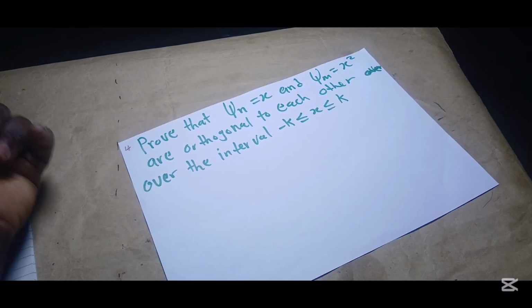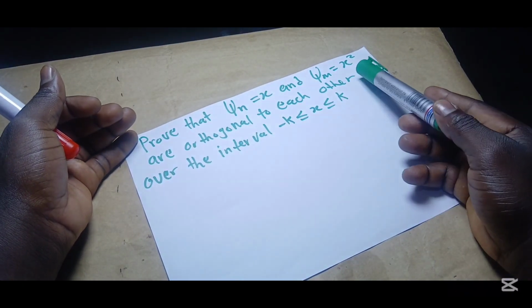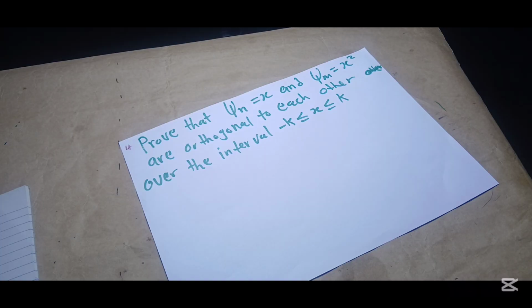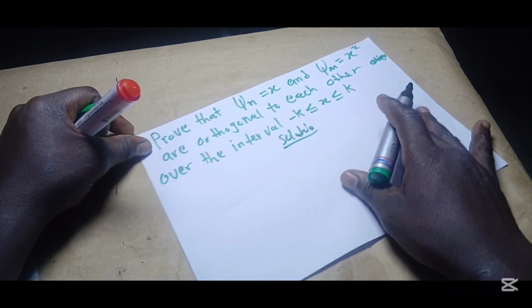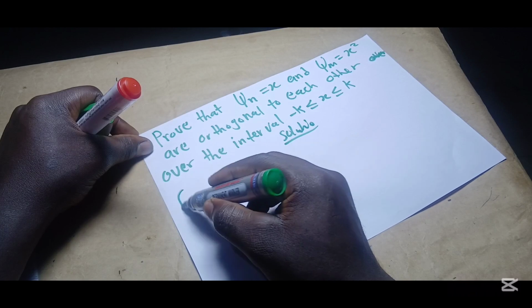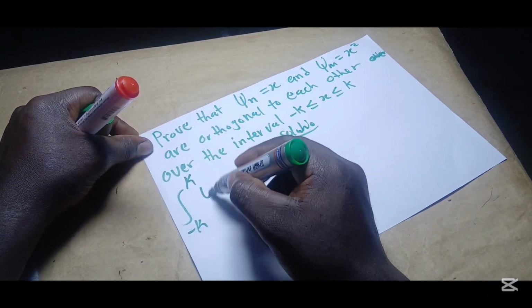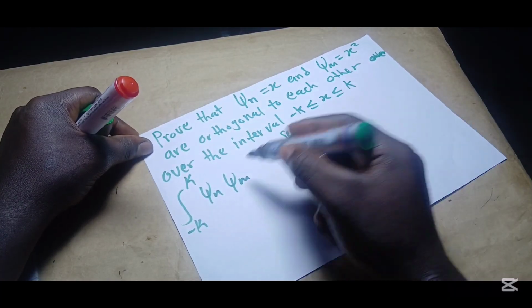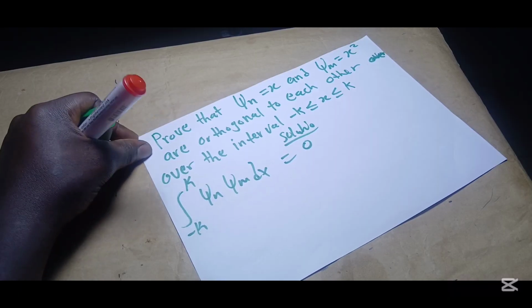Now, psi n equal x and psi m equal x squared: are they orthogonal to each other over the interval minus k to positive k? The same definition applies: if they are orthogonal to each other, then the integral from negative k to positive k of psi of n multiplied by psi of m dx should give us 0.